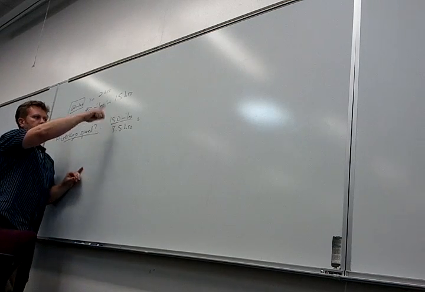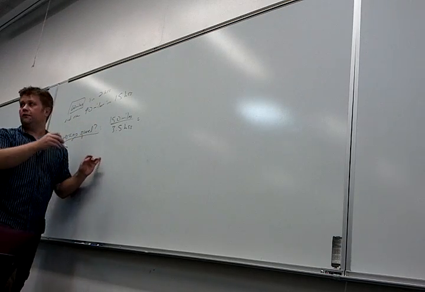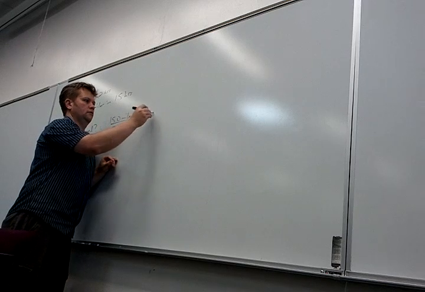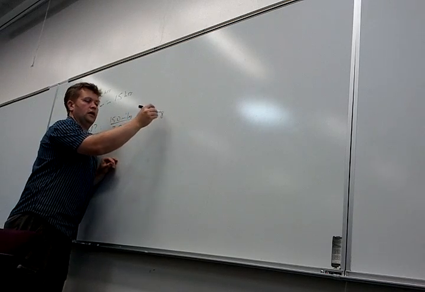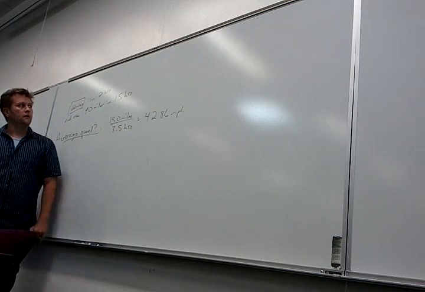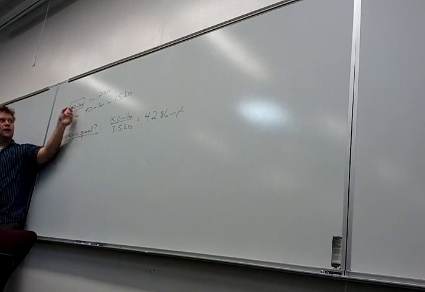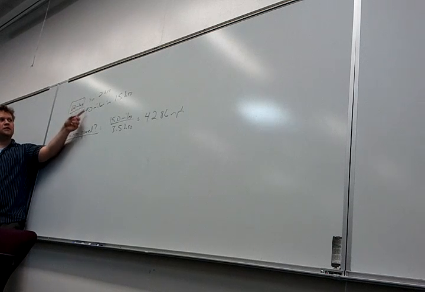So what does this come out to be? 300 divided by 7, yeah, 40 something or other. 42.86? Yeah. Not what you would necessarily expect. If you just average those, that's obviously going to be very wrong.